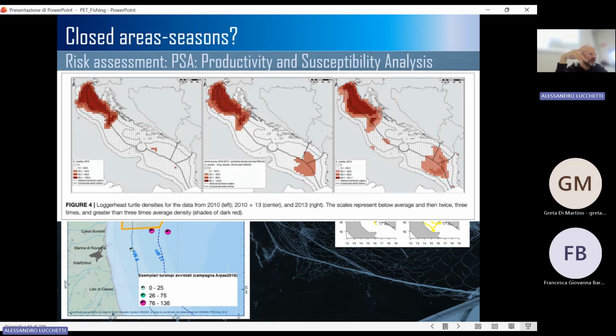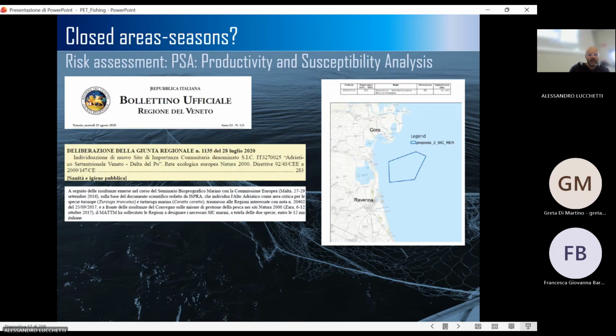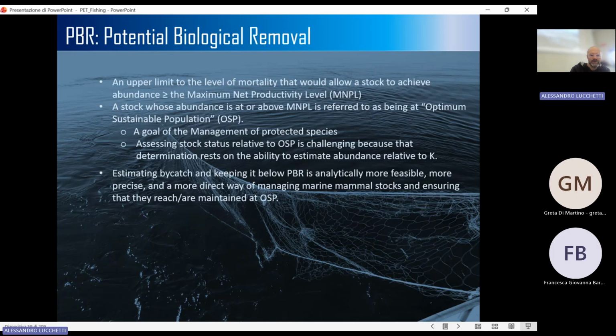That's why there is an infringement procedure also for Italy, because we have Natura 2000 sites that are protected just in theory, because Italy doesn't set any protection measures in these specific areas. Oh yeah, that one. We have this area here just in front of the Po River.